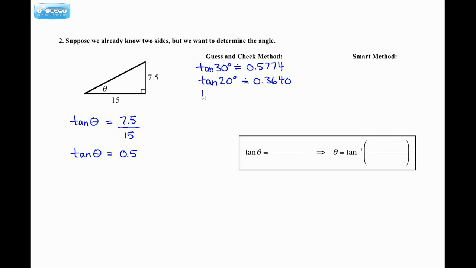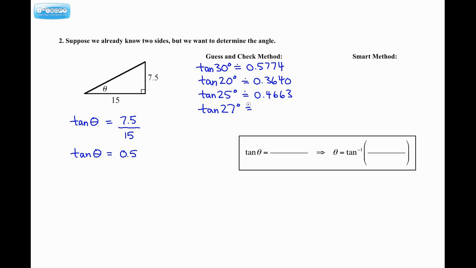Let's try 25 degrees. So tangent of 25, that is 0.4663. Okay. Let's try 27 degrees. I'm just trying to get really close to 0.5. So tangent of 27.